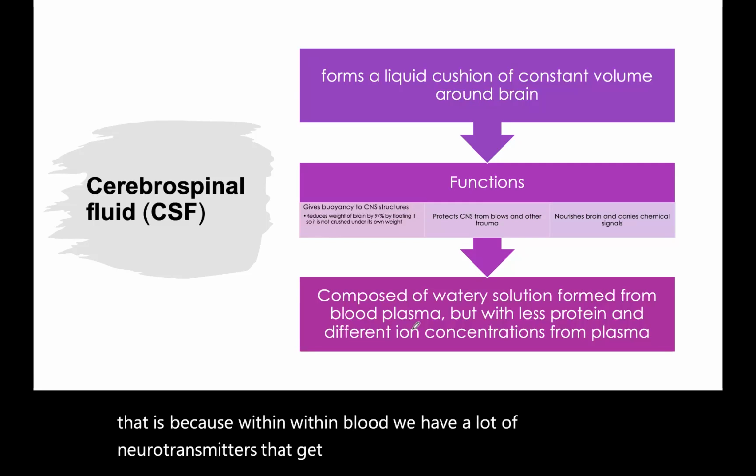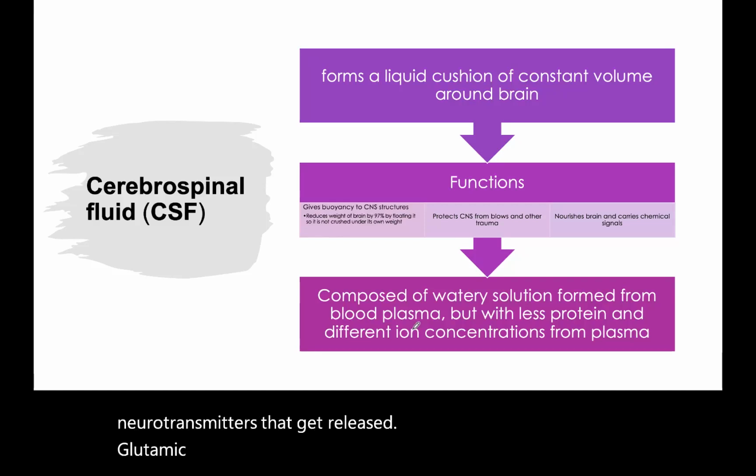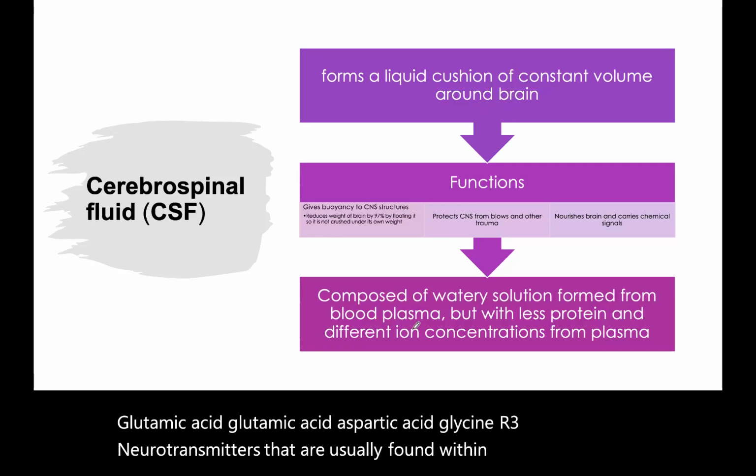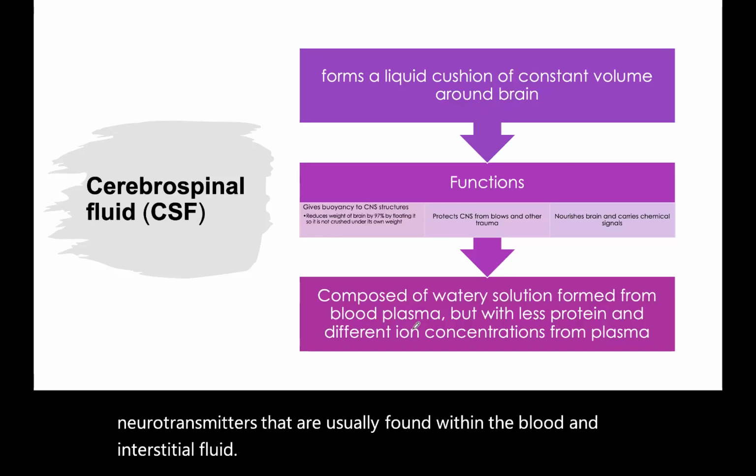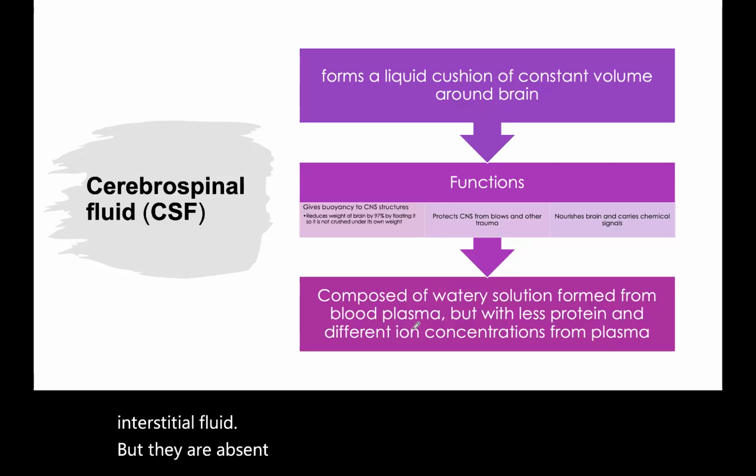Glutamic acid, aspartic acid, and glycine are three neurotransmitters that are usually found within the blood and interstitial fluid, but they are absent from cerebral spinal fluid.